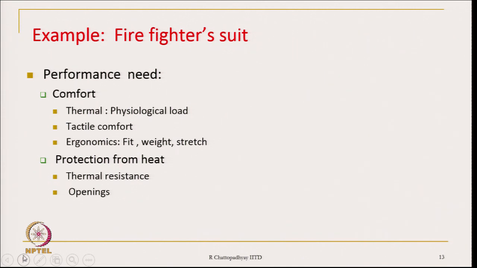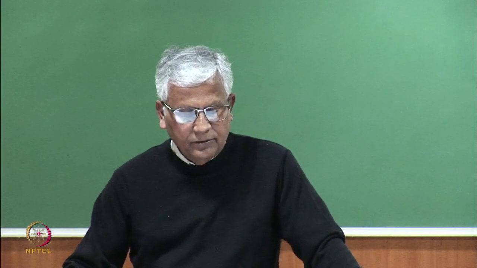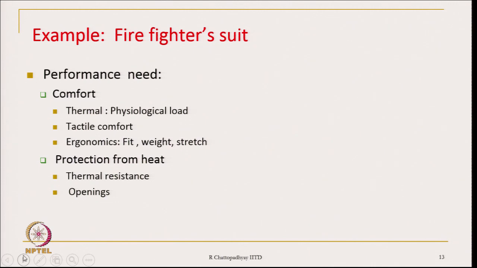So, let us say comfort is the primary need and the secondary needs would be thermal related, physiological load, tactile comfort, that is about the feel of the product and how the product feels on the skin. So, from the sense of touch, the tactile comfort.